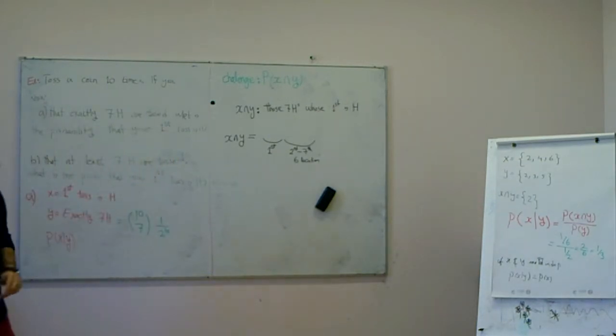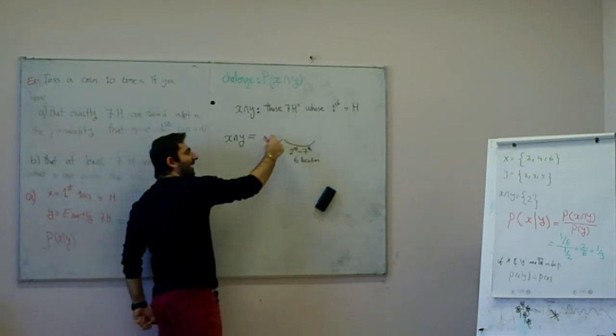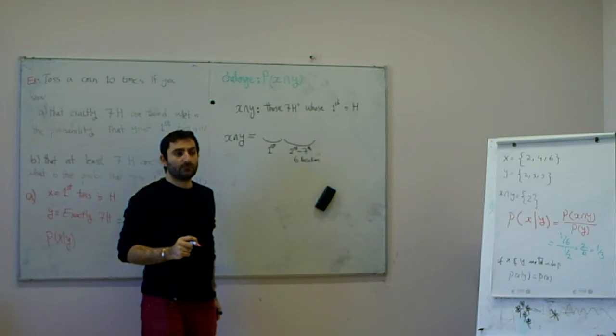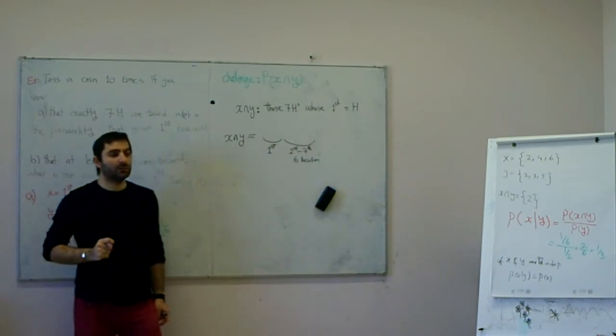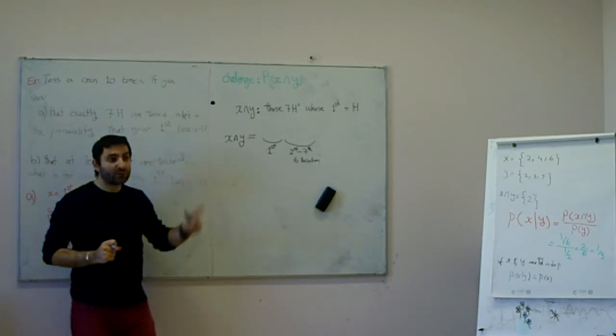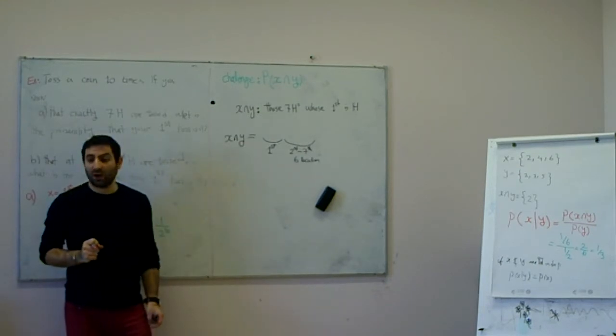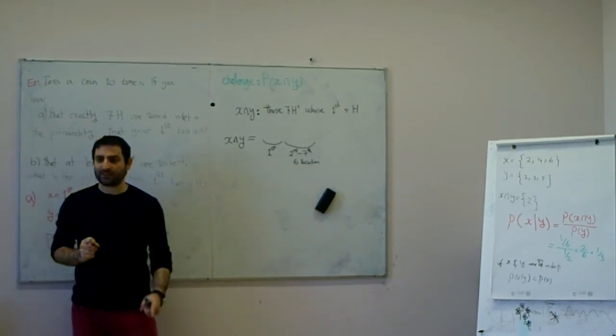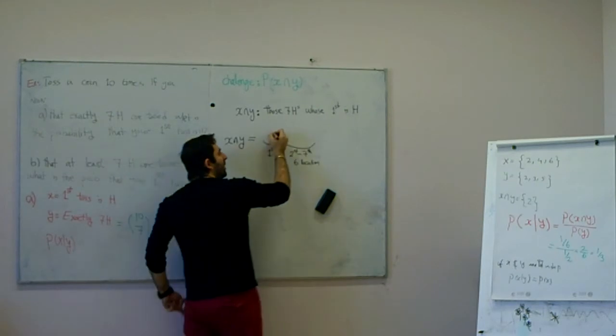Can you tell me how many choices do I have here? 2. Why 2? But I want the first one to be head. So how many choices do I have? 1. The first one must be head. So I have only 1 choice.